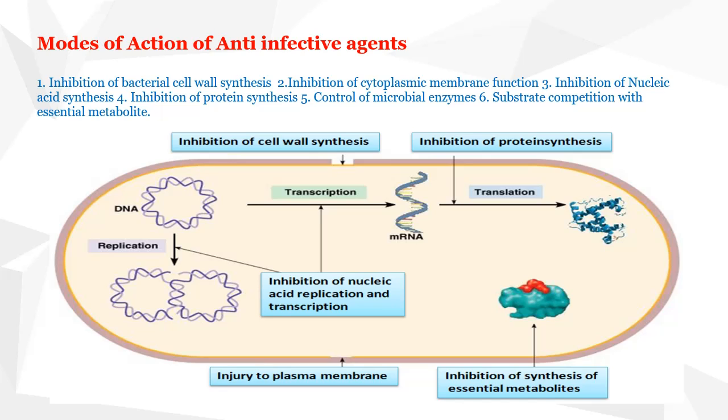Next is control of microbial enzymes. There are certain metabolites which are used up by the bacterial cells for their normal metabolic processes, and they are synthesized within their cells.